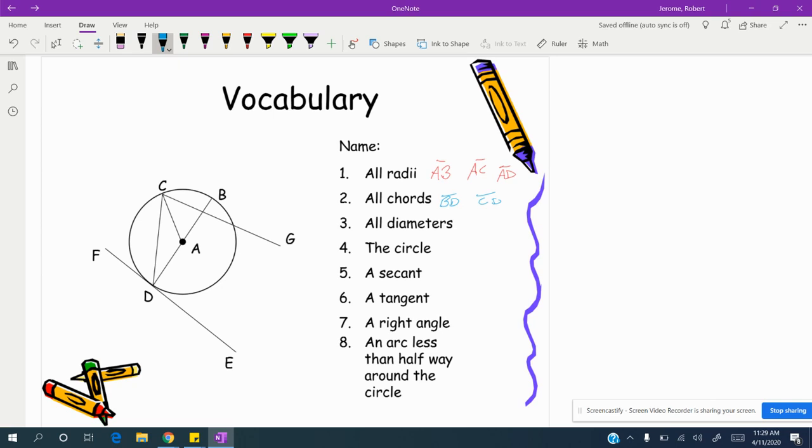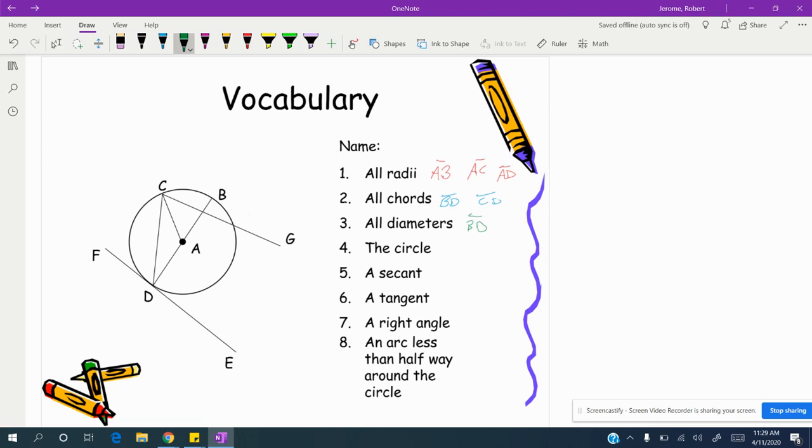Now we've got another chord here from C, but we don't know the name of this point, so we can't really use it in this question. Diameters. Well, we see one diameter in this figure, and it is BD. Notice diameter was included because it is a chord, but it's a special kind of chord.